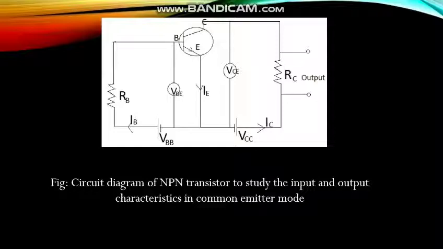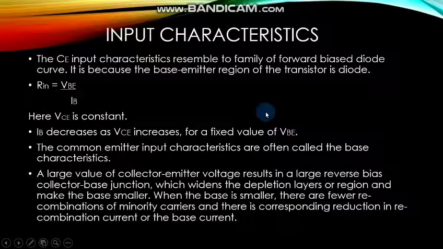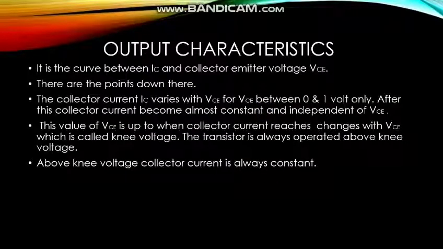There are no other parameters that can be used to plot the graph, right? We need one voltage and one current. This VCE is the output voltage, and IC is the output current. So let's move to that particular slide.